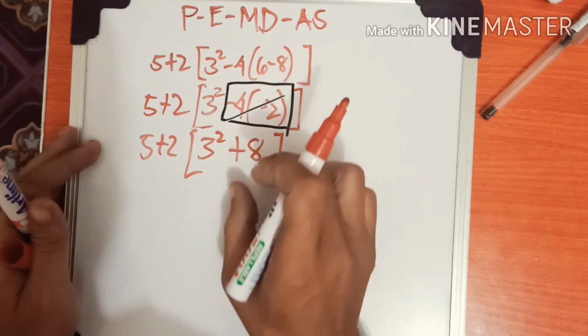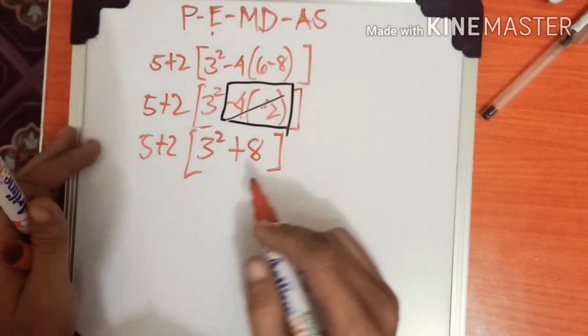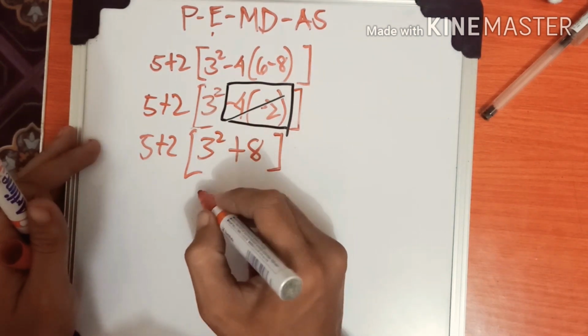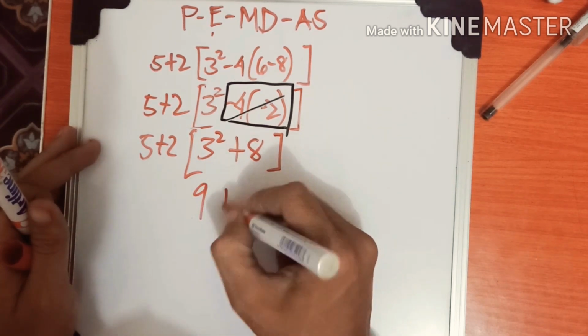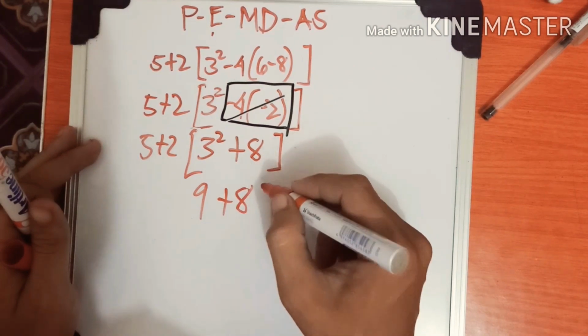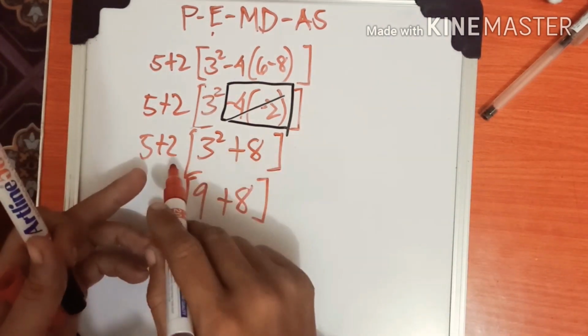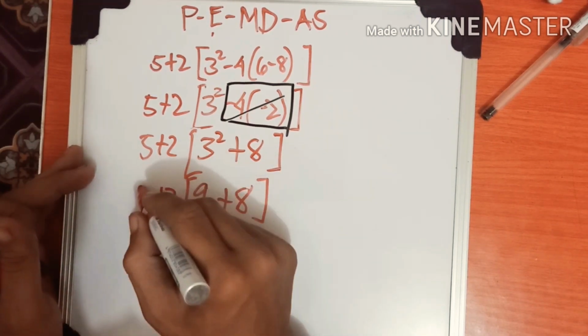So before we add, we have to do the exponent first, which is 3 raised to the second power, exponent of 2. So that is 3 times 3, which is 9, plus 8. We have to copy the bracket because we still have a number beside the bracket, that is positive 2.